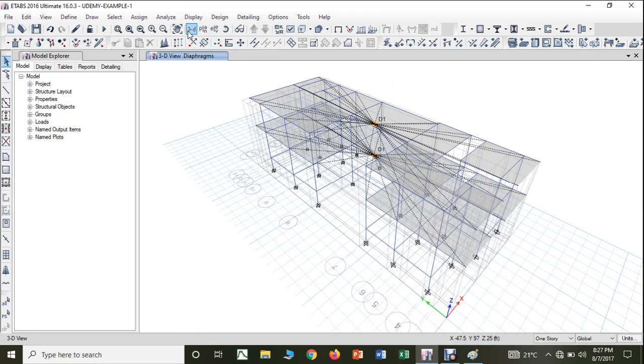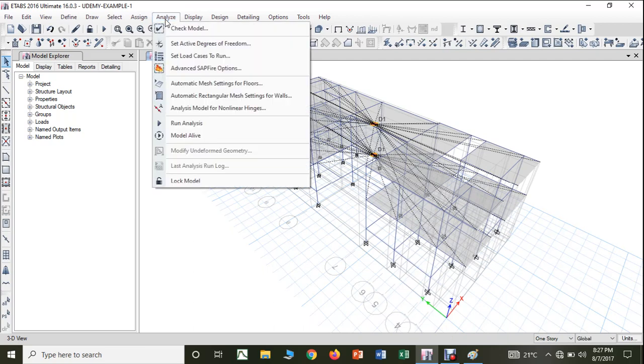How do we have to analyze? See here, you can see analyze. Okay, so before you go to analyze, usually you can give an option called check analysis. So what is this check analysis? When you give the check analysis, it will check and tell you if there are any mistakes. For example, if there is any overlapping of members, or if some values have been defined, for example grade of concrete, but it has not been assigned to some members, because you mistakenly left those members out.